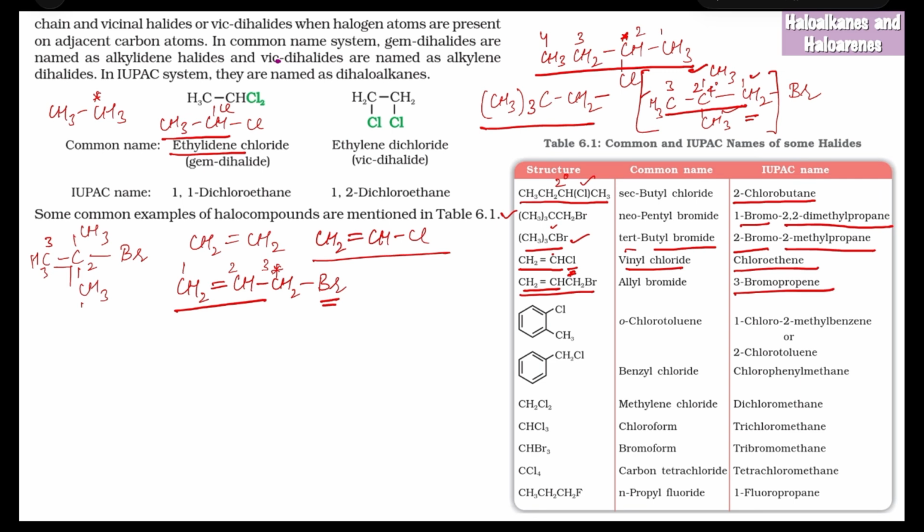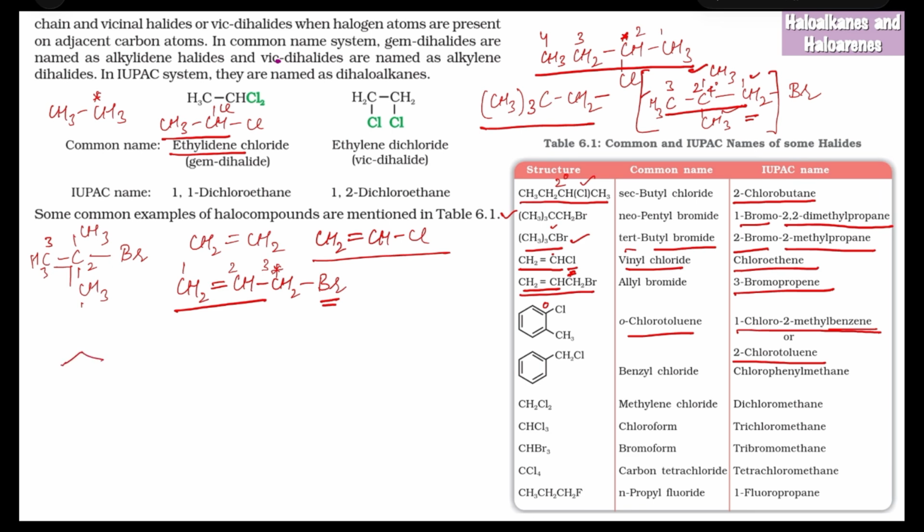Next is orthochlorotoluene, which has the IUPAC name 1-chloro-2-methylbenzene or 2-chlorotoluene. Now common name orthochlorotoluene because the parent compound is the toluene and ortho position to the CH3 group is chlorine atom. Now for IUPAC nomenclature, it can be named as 1-chloro-2-methylbenzene. Here the parent name is benzene.